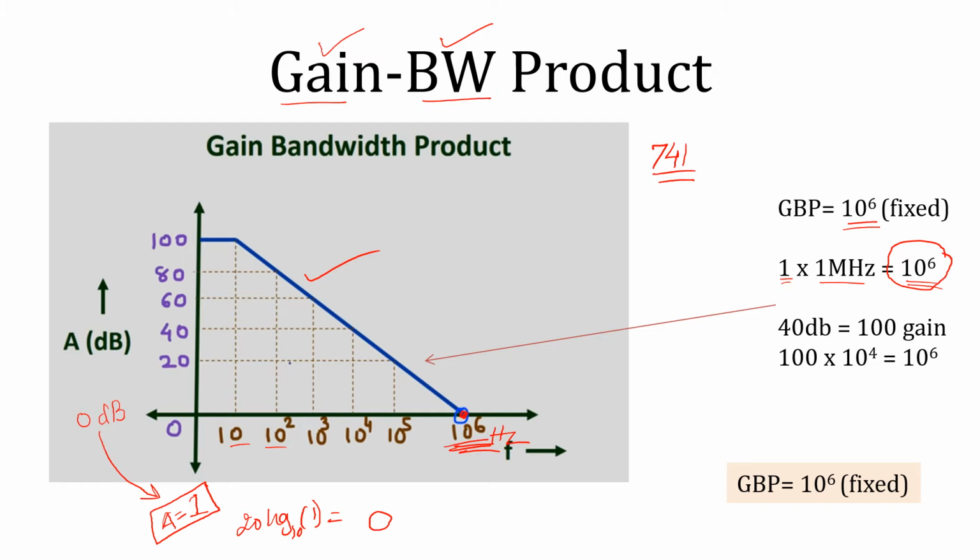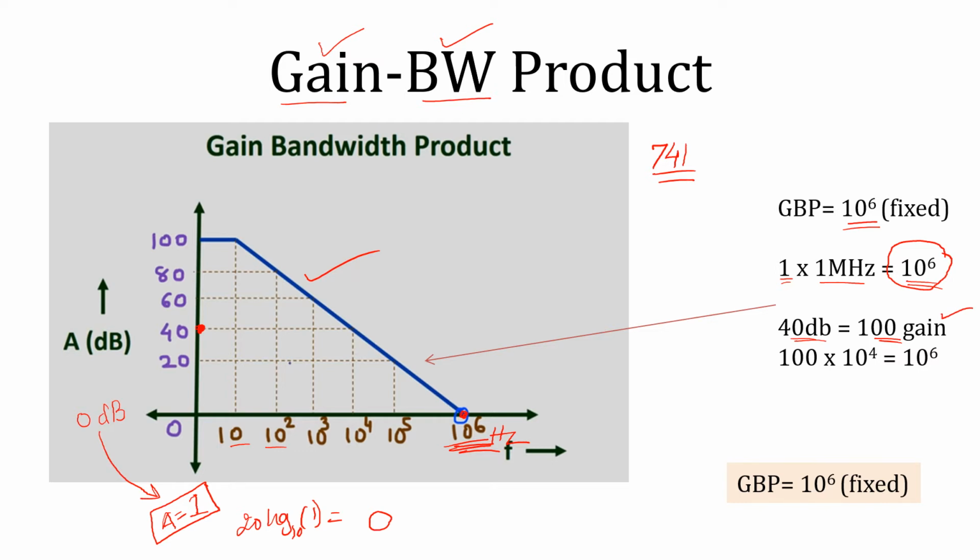Now how does it become advantageous for us? Let's consider one example. Suppose we know the gain at a particular frequency is 40 decibel, and we can calculate that at 40 decibel the gain should be 100. If we divide by 20 and take the anti-log, it becomes 100.